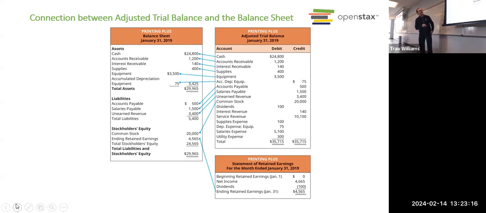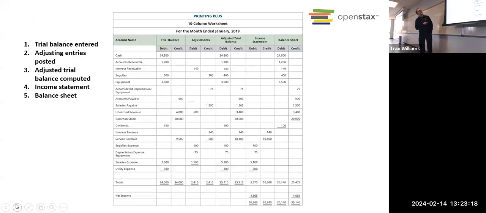Right. Well, let's move on to the next concept then. And this is not a required step in the accounting cycle. This is something that accountants might do because it just might simplify their job a little bit. And that is to make a spreadsheet. Notice it says it's a 10-column worksheet.